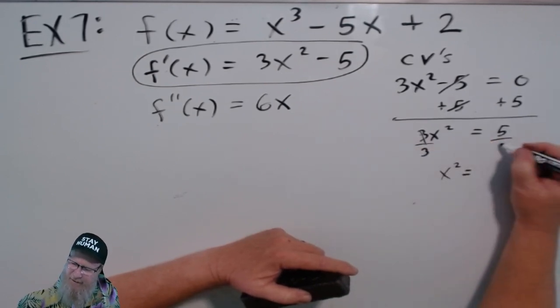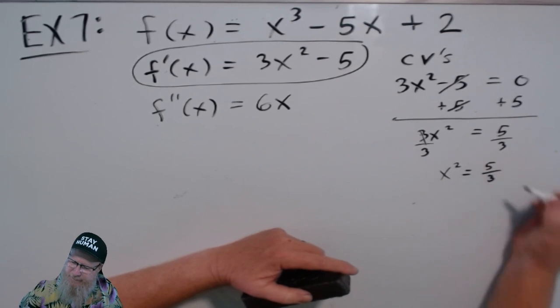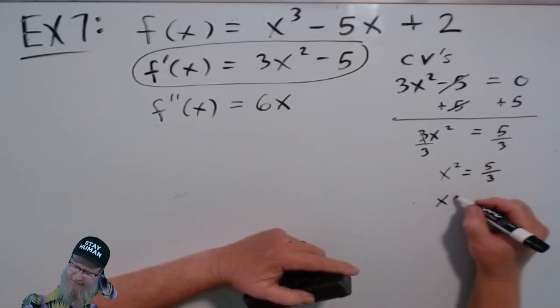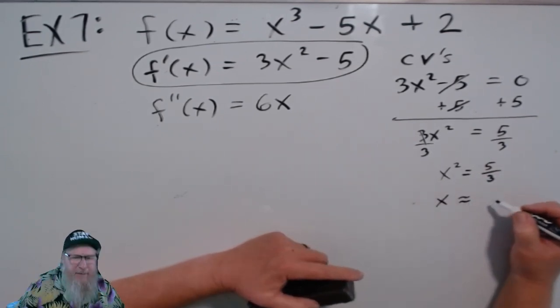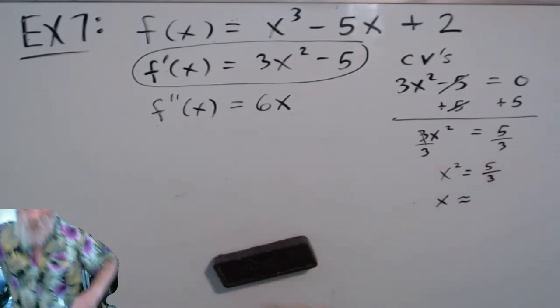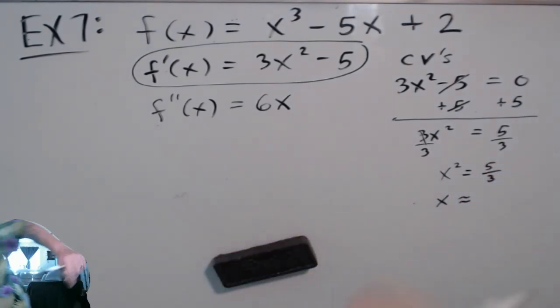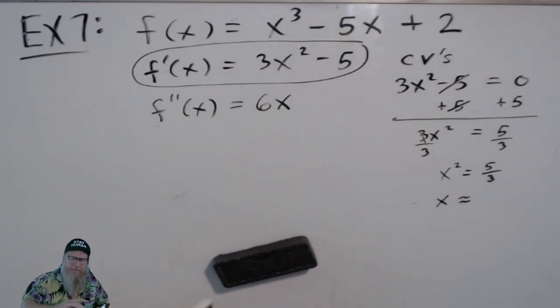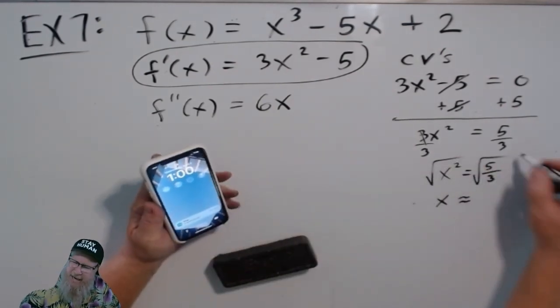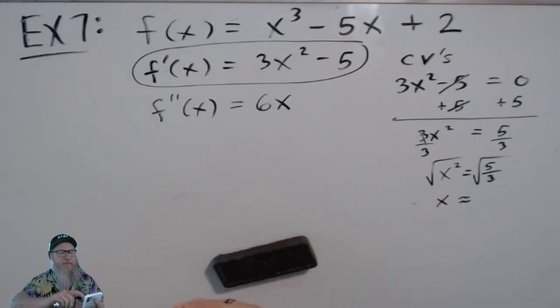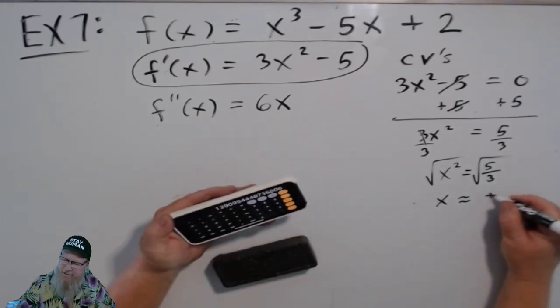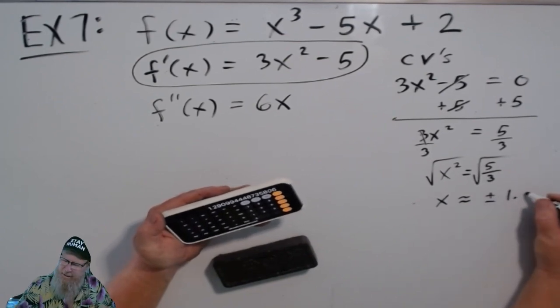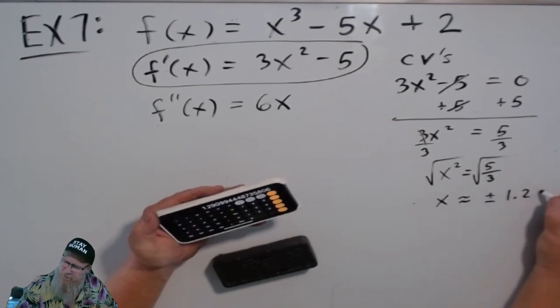5/3, not 5/2, 5/3. So x is approximately, I didn't bring my calculator, I have it right here. There we go. So we're going to take the square root of both sides. The square root of 5/3, plus or minus 1.29.